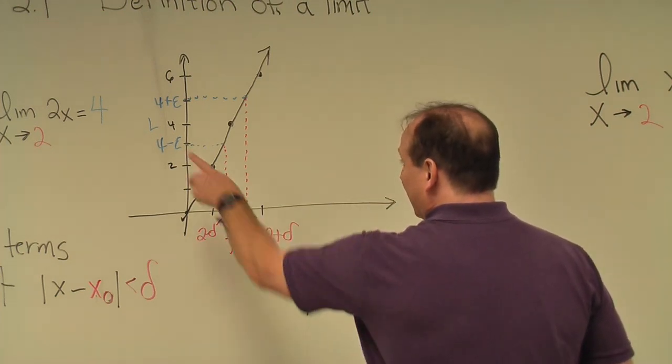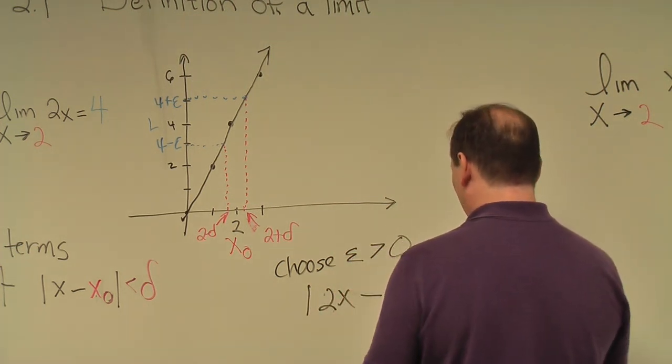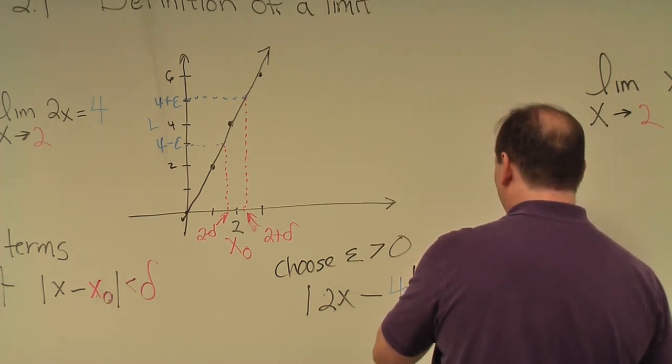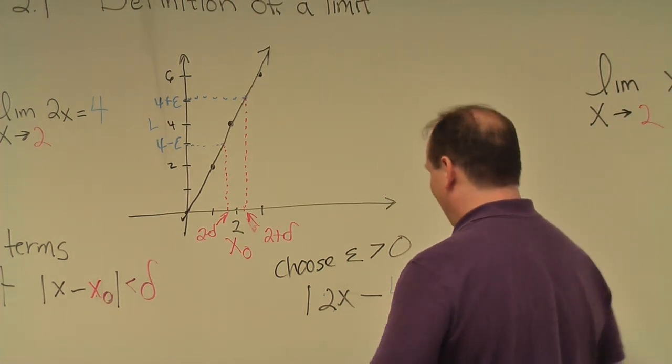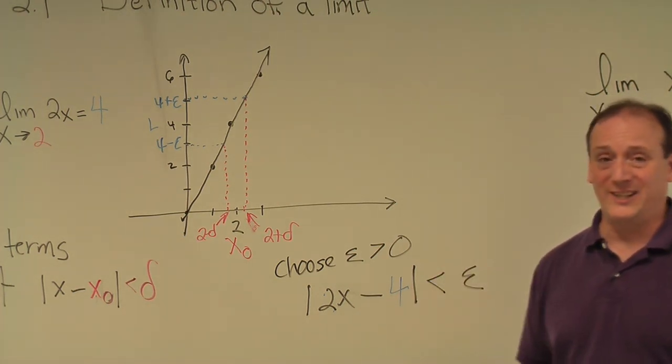And our f of x in this case is 2x. And you'll see that the line is nice and easy here, that this is going to be easy to do.